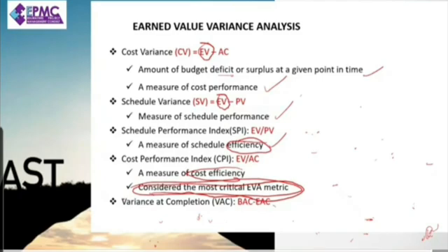Then we are asked to calculate the variance at completion. That shouldn't be difficult. What is a variance? So the whole project, we have our budget for the whole project. This is also a forecasting indicator. We want to know how much we would spend, whether we go over or under when the project is done, even though it's not done.